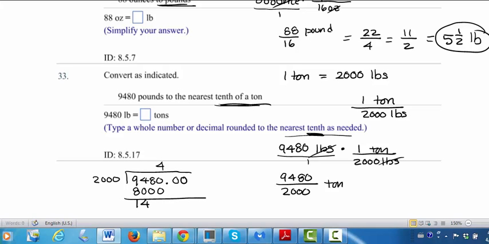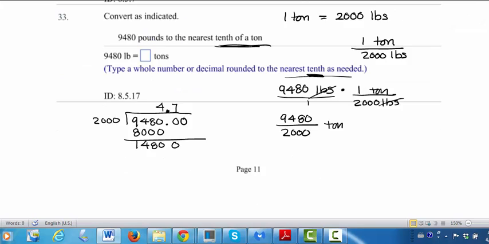And that's 1,480. 2,000 goes into 14,800, there's my decimal point there, 7 times. That gives me 14,000. That leaves 800, and that goes in 4 times. And it says round to the nearest tenth. So I look at my hundredths place, it's a 4, so I don't round up. So that's approximately 4.7 tons.